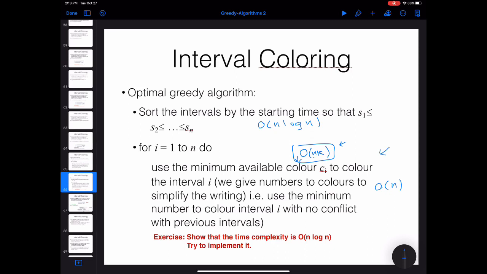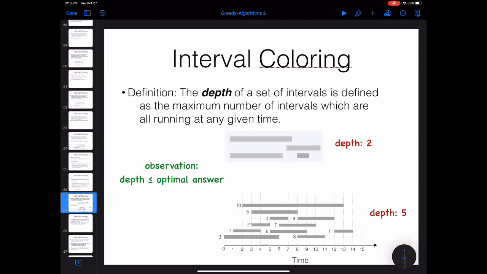So I'm going to get rid of this time complexity. So O of n and O of n log n, the total time complexity is going to be O of n log n. But the hint is that you need to use a priority queue. Try to write down the algorithm for this one using the priority queue, and if there are any questions, we can discuss it during the class or in office hours.